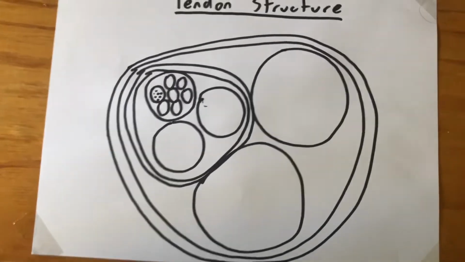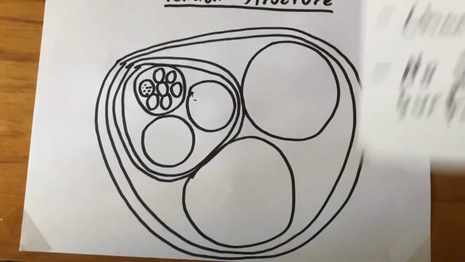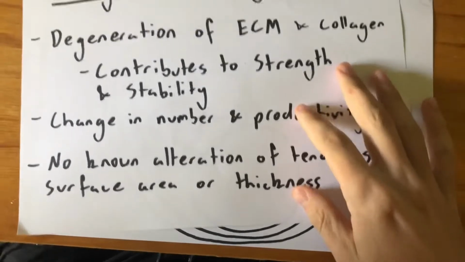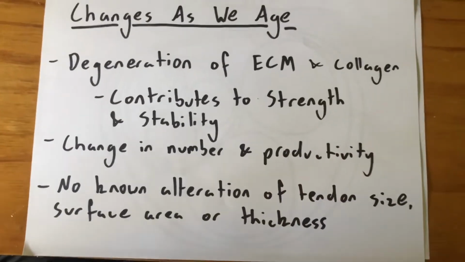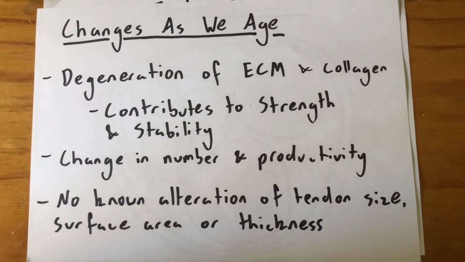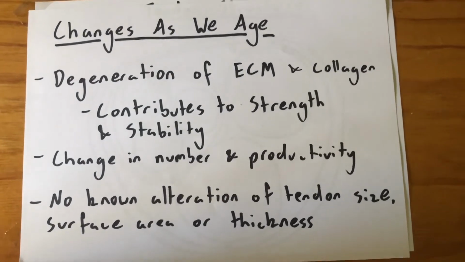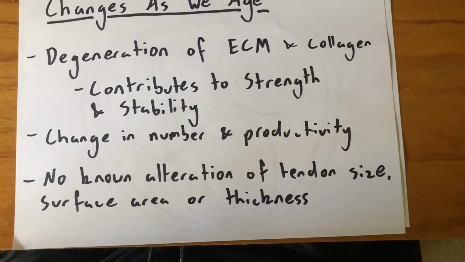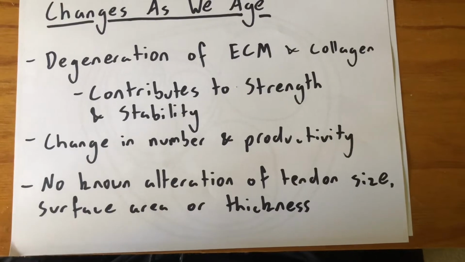On a macroscopic level, there are a few differences in the structure of the tendon as we age. The primary change is a degeneration of some of the extracellular matrix and the collagen fibres that make up a tendon.